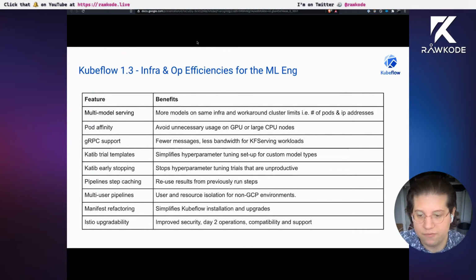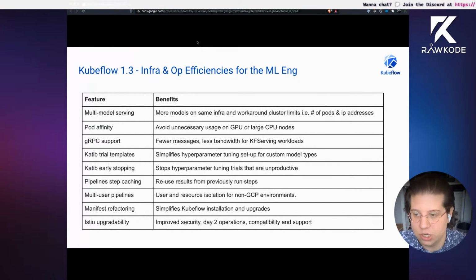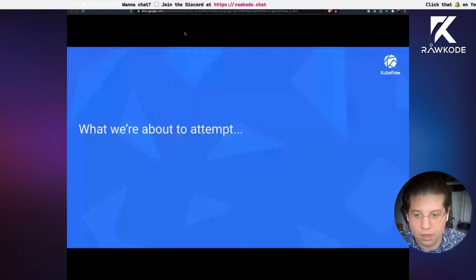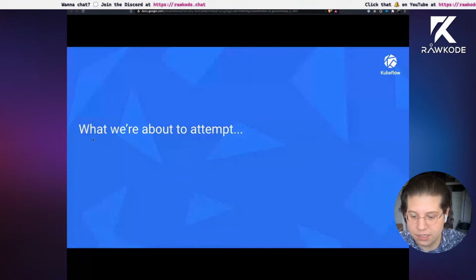And pod affinity, pretty standard stuff, but just catching Kubeflow up to the latest and greatest in the Kubernetes community. I mean, pod affinity is not the latest and greatest, but we have to think about how we expose these knobs and dials to an end user who is very likely unfamiliar with Kubernetes objects and deployment models. So that's the state of affairs with new stuff in 1.3.